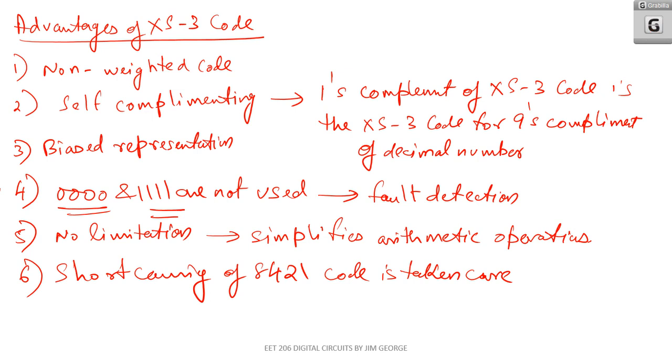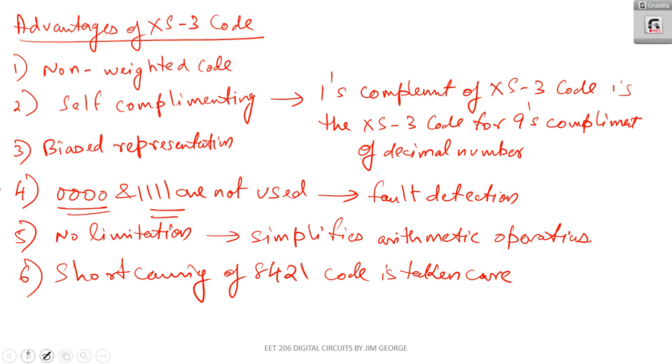Again, 4 zeros and 4 ones are not used. Therefore, you can designate those 4 bits for fault detection. Then there is no limitation, that means you can derive XS3 code for any number. So it simplifies the arithmetic operations. So the shortcoming of 8421 code is taken care of.